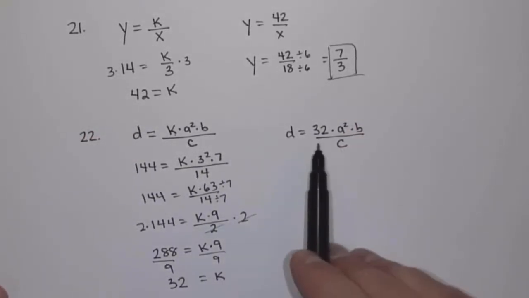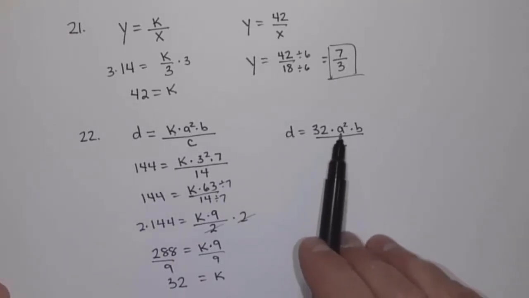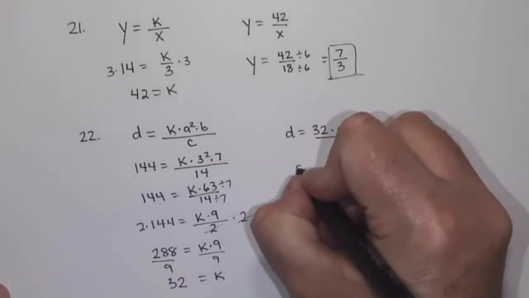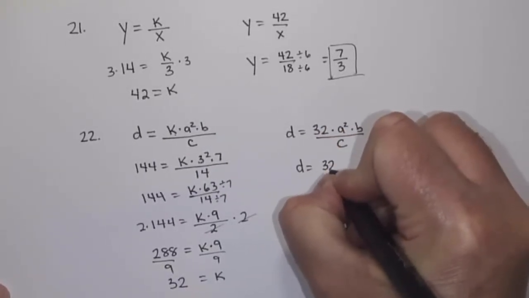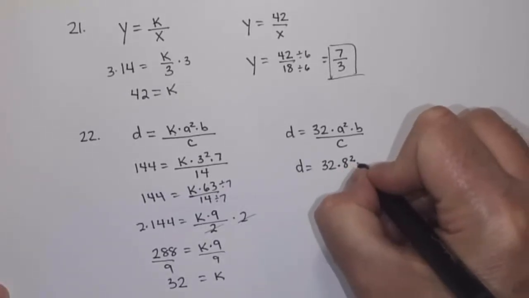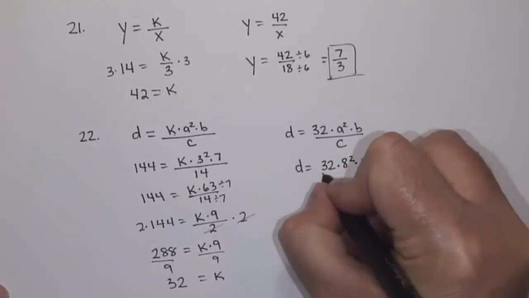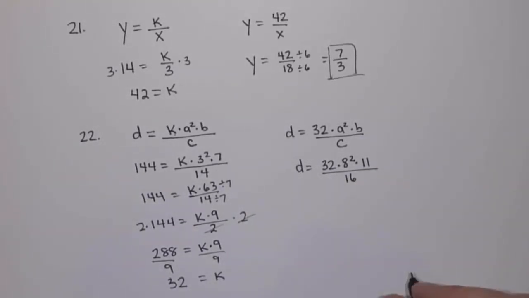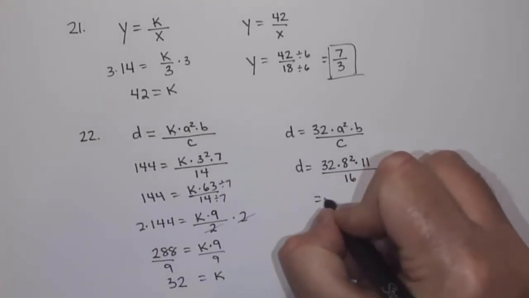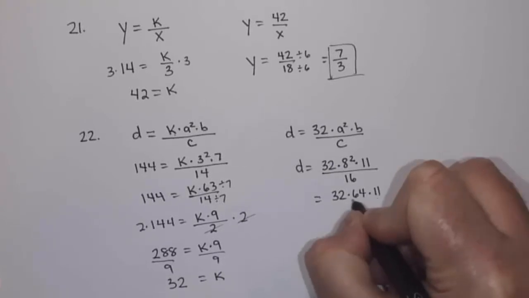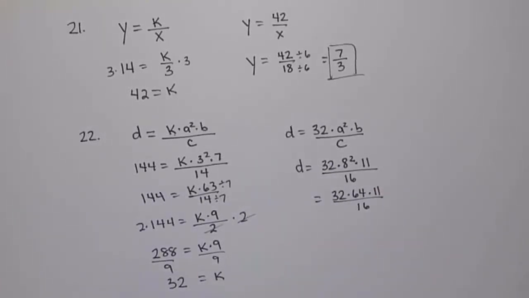Now I want to know what's d when a equals 8, b equals 11, and c equals 16. So d is going to equal 32 times 8 squared, because a equals 8, times 11, because b equals 11, and divided by 16, because c equals 16. So 8 squared is 64, so I have 32 times 64 times 11 divided by 16.